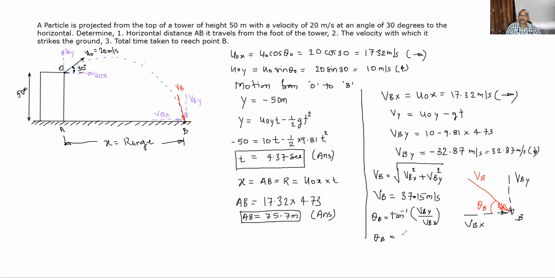Using a calculator, the angle comes out to be 62.21 degrees. So this is your last answer. What is asked? With what velocity does it strike the ground? Is this clear? So this is one problem.